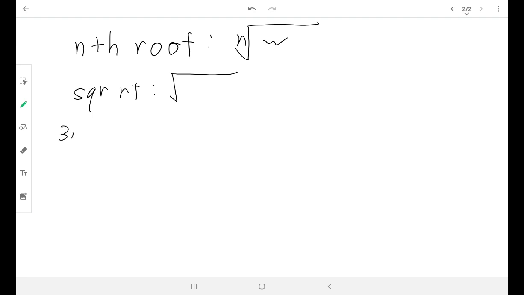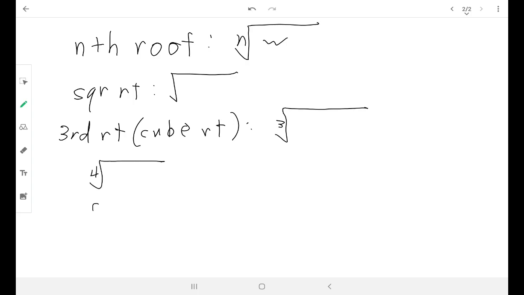But if you start taking a third root, or what's sometimes called a cube root, then we put a little 3 there, and that's how we know it's a cube root. Or we could do a fourth root, or a fifth root, and so on and so on.